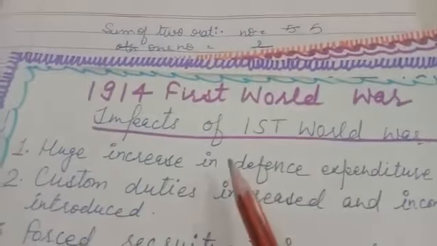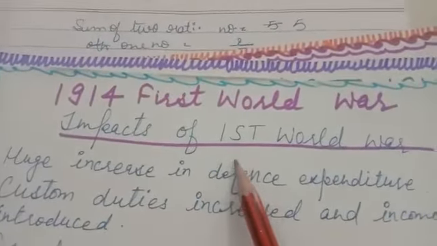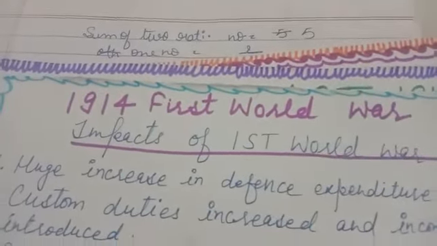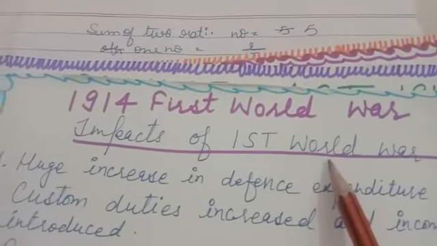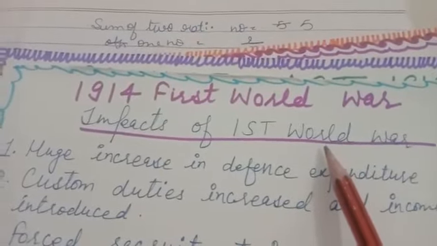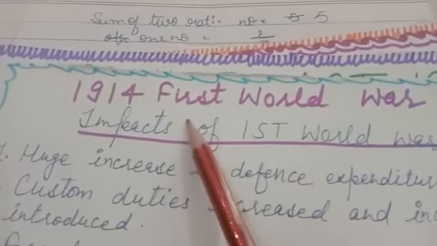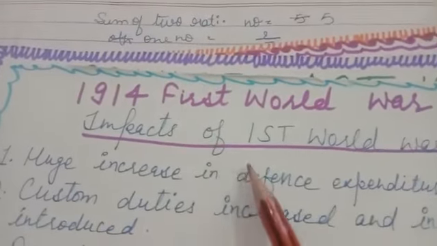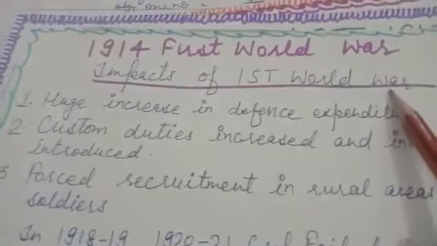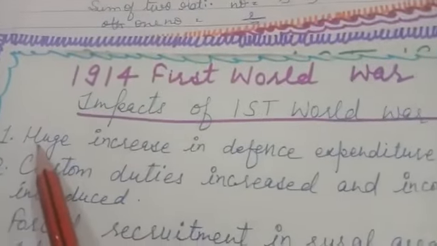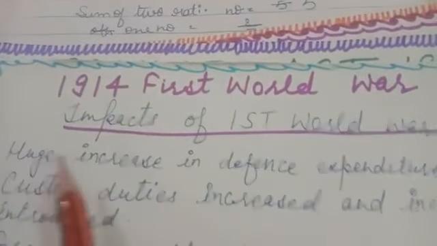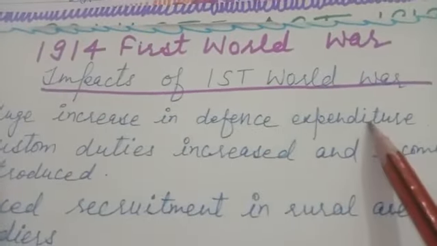But the impact of that First World War was faced by us also, because Britain was one of the major powers involved in the First World War, and they were our masters also. So it was obvious that the impact of the First World War was felt by us also. So let's discuss the impact of the First World War. The first impact of the World War on India was a huge increase in defense expenditure.